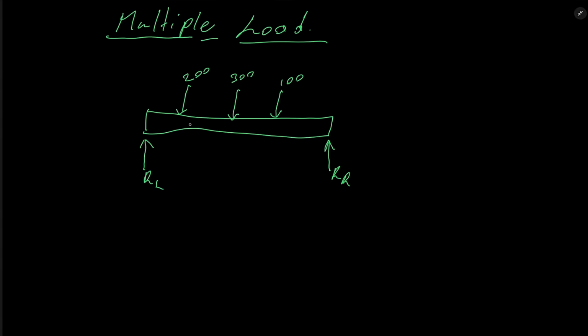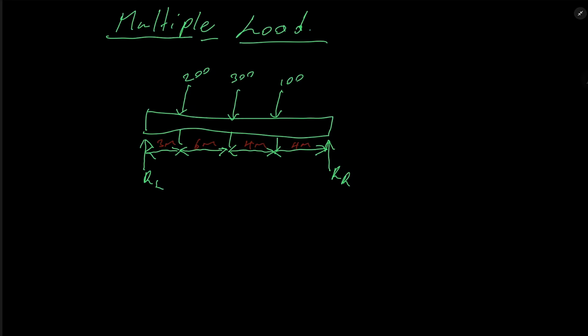Let's add some dimensions to these forces so we can do our calculations. The first load is going to be 3 meters, the second load is going to be 6 meters, and then 4 meters, and then 4 meters again.